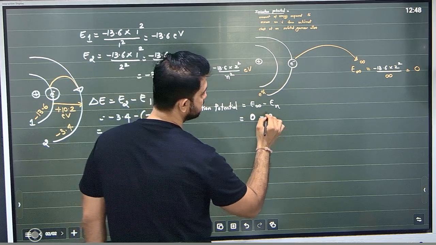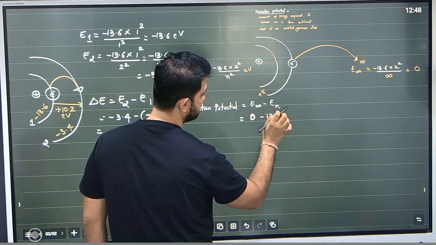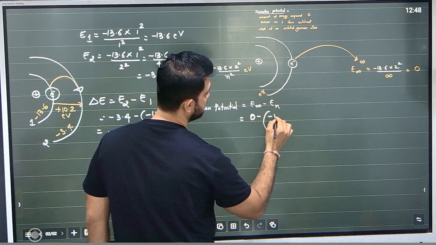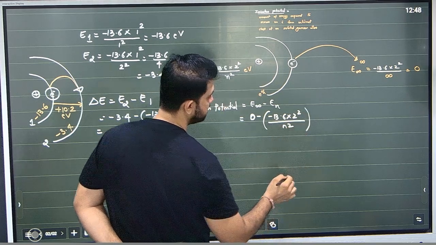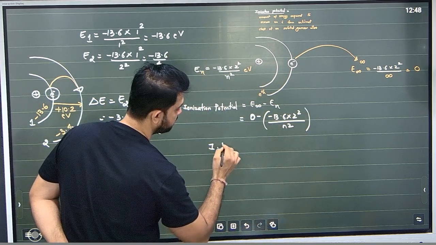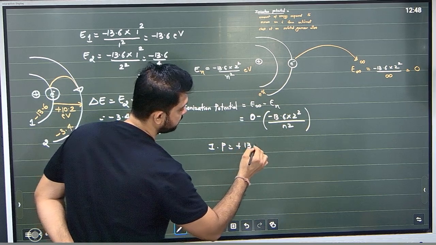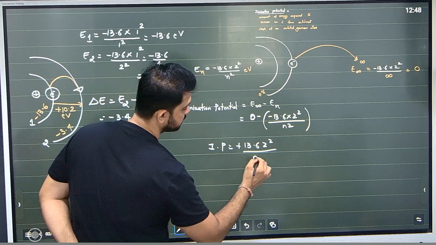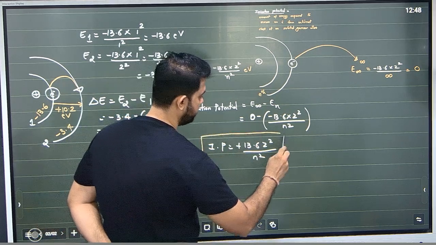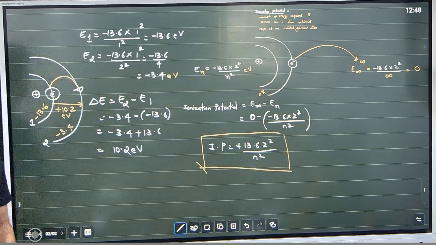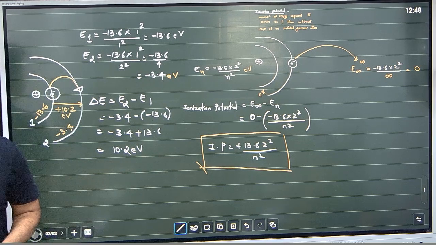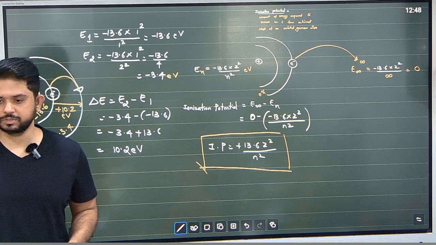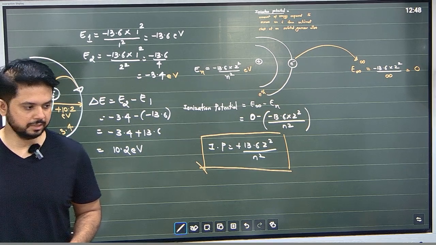Minus 13.6 into z square by n square. Therefore, what IP do we get? Plus 13.6 into z square by n square. Find the ionization potential using the same energy formula, but here it becomes plus 13.6 into z square by n square. Did you get that?